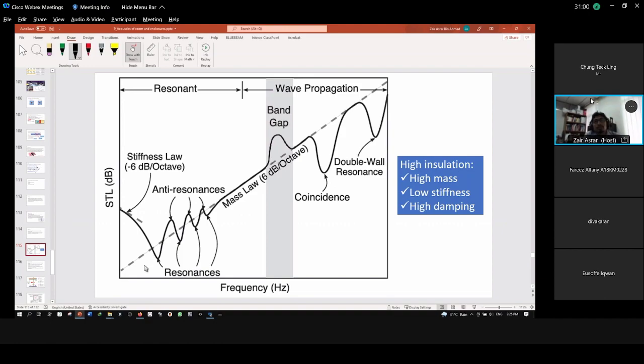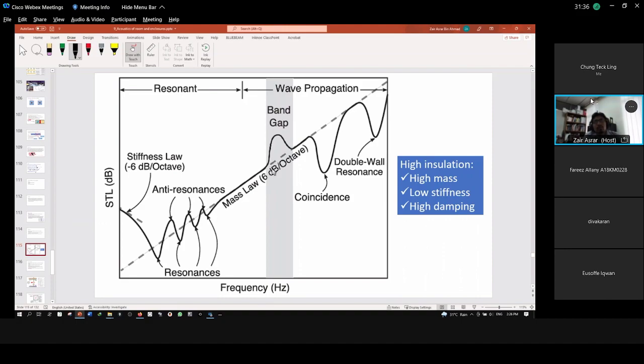If we look at the sound transmission loss versus frequency graph, we'll be seeing something like this. We have the mass law, basically doubling of frequency will increase sound transmission loss by 5 dB or 6 dB, about that range. At low frequency range we have some resonance issue, and at high frequency range we also have some resonance issue.